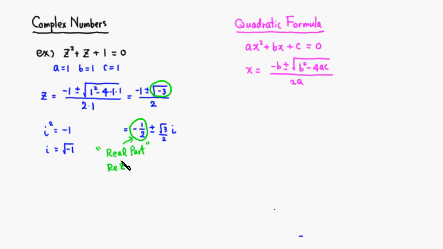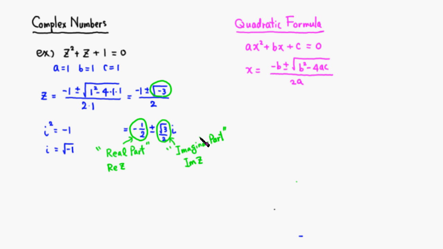And the number in front of i, the coefficient of i, is called the imaginary part, and its notation is Im, imaginary part of z.